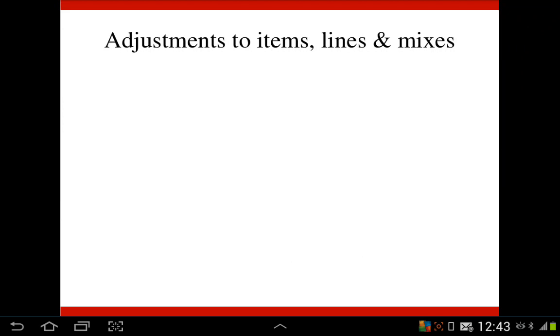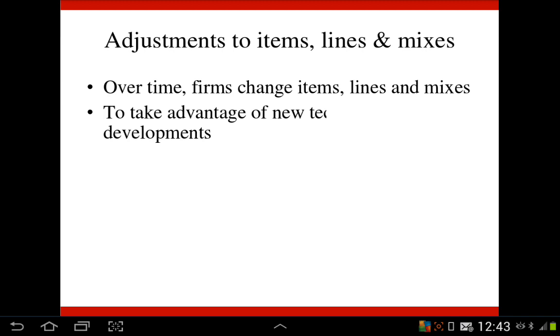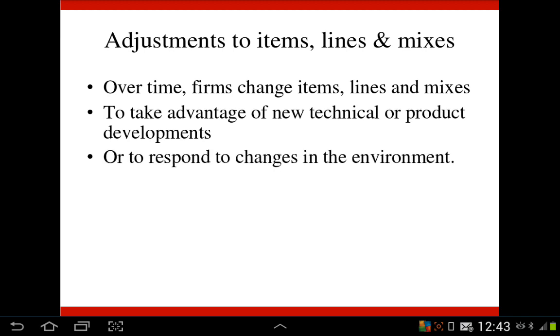Okay, so next let's take a look at the adjustments that you can make to product items, lines, and mixes. Over time, companies will change their various products and their lines and their mixes. The reason they do that is to take advantage of new technology or to respond to changes in the environment, new customers, new customer preferences, and so forth.